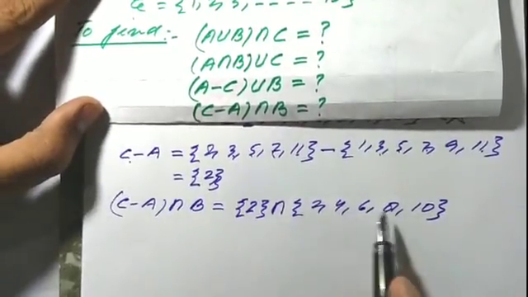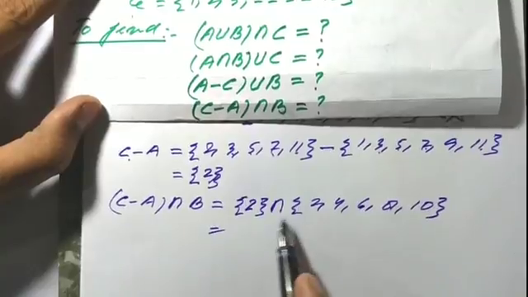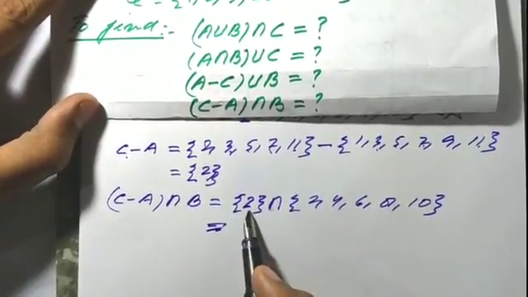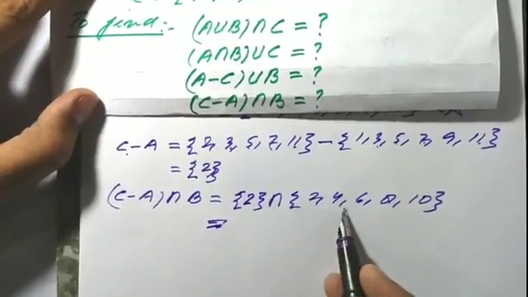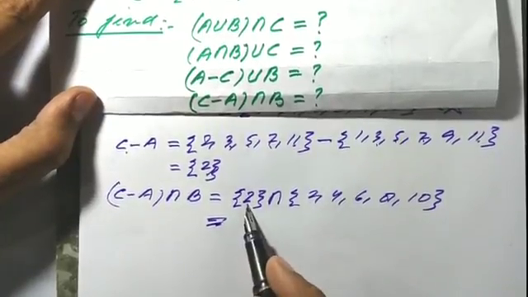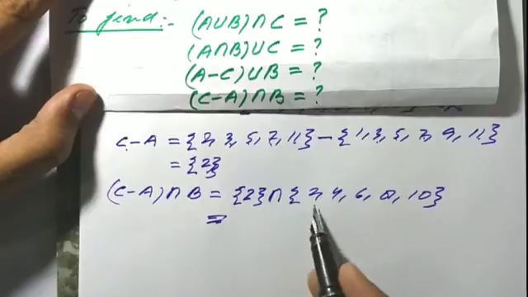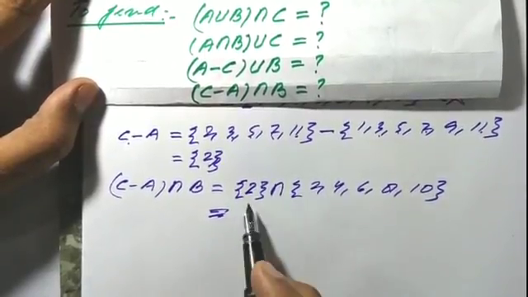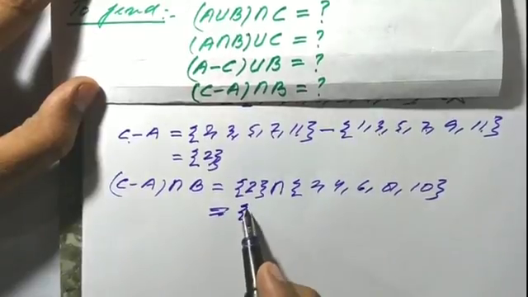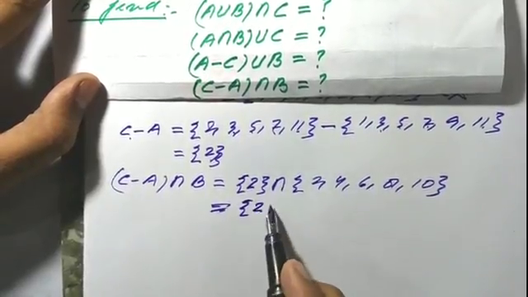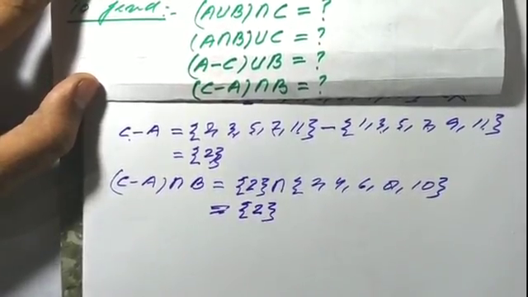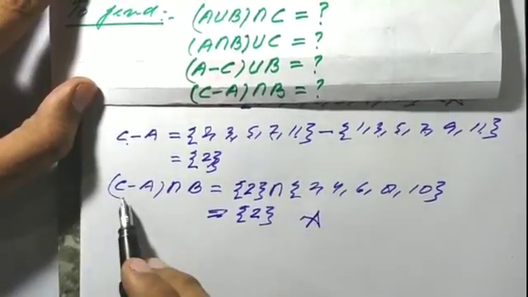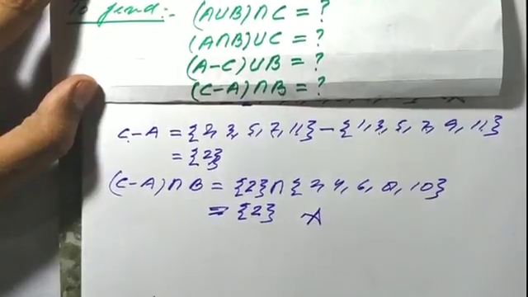Among these two, we have to take the intersection of these two sets. So we have to observe which element is common between these two sets. Obviously, there is only one element in the first set which is common between the first and the second one. So only 2 is the common element between these two sets. We write 2 as it is. So that's it. This is the answer of C minus A intersection B.